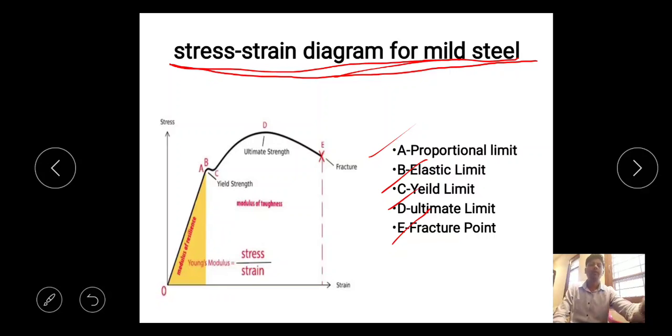This is very important. Every year it is asked for 5 marks, and in this first chapter the probability of this question being asked is high. So we'll study the stress strain diagram for mild steel elaborately in the next lecture.